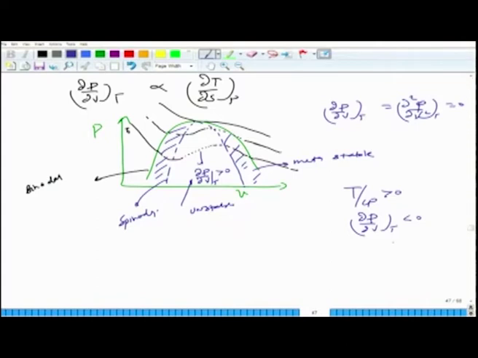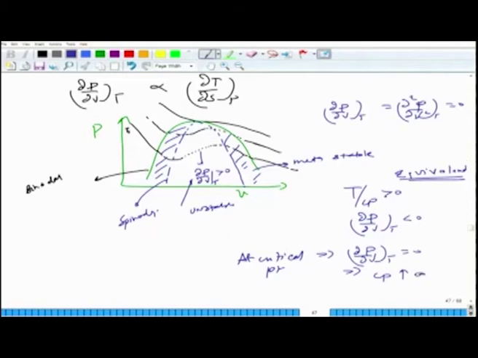But at the critical point, what happens? This is 0, which essentially means, since these are equivalent criteria, at the critical point if this is 0, it implies Cp should go to infinity, right.